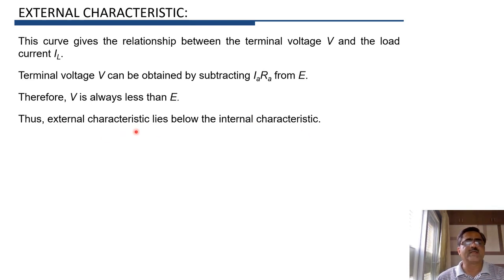External characteristic means characteristic between V and IL, and internal characteristic, as we have seen earlier, is between E and Ia, and therefore external characteristic lies below the internal characteristic.